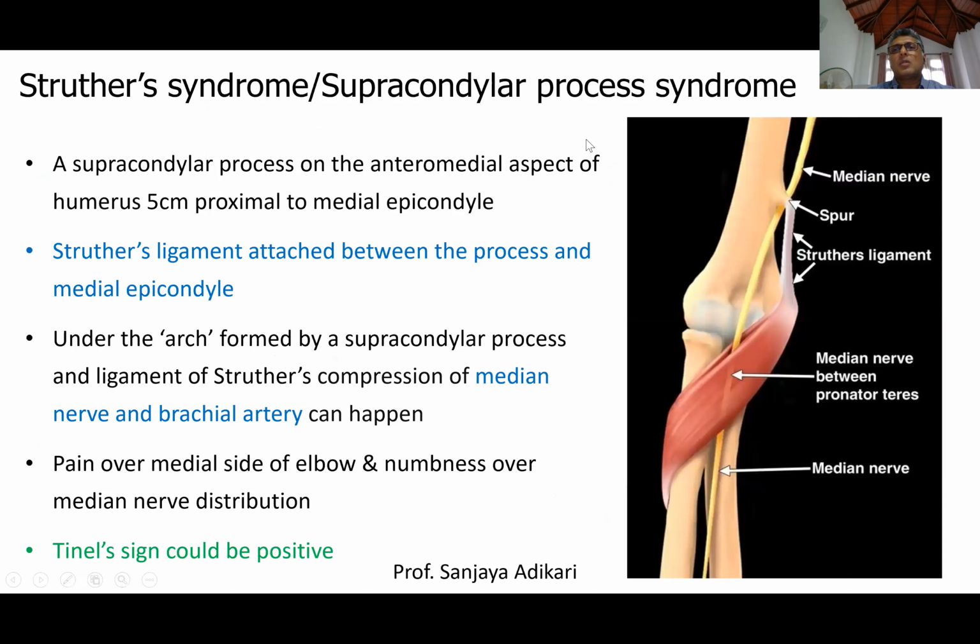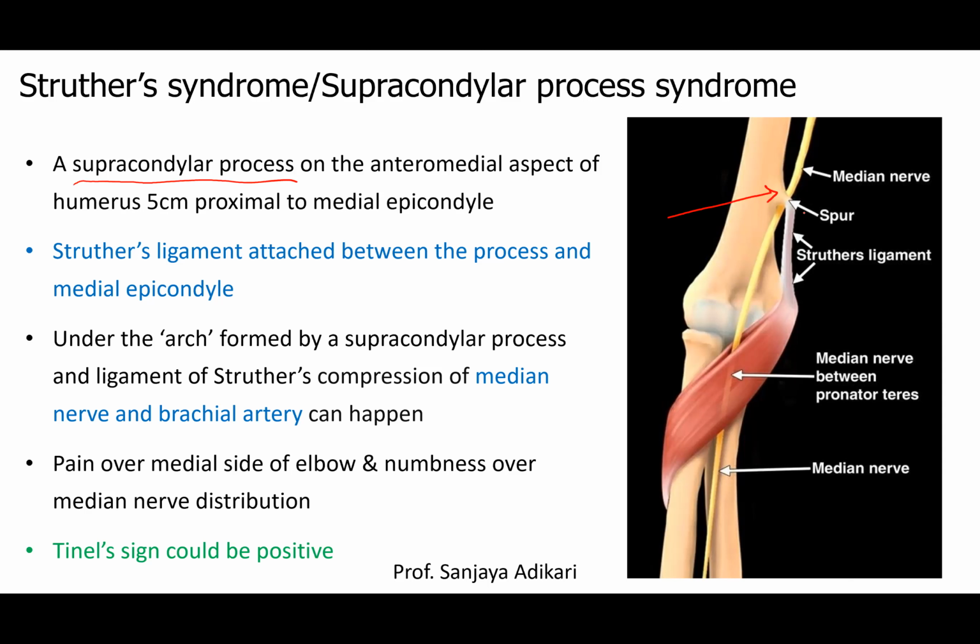Then a small clinical point, this Struther's syndrome or supracondylar process syndrome. Now the basis of the condition is that some people can have an additional supracondylar process on the anteromedial aspect of the humerus, about 5 centimeters proximal to the medial epicondyle.